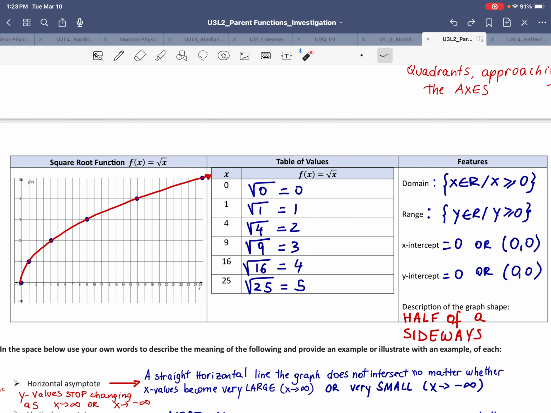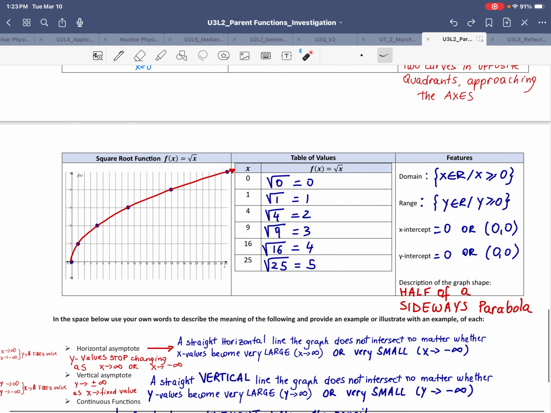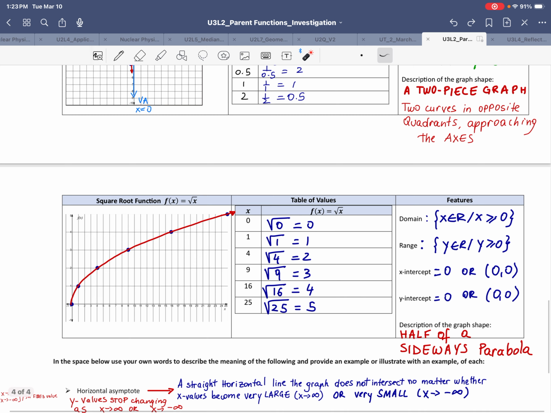We are going to explore more connections that exist between a square root and a quadratic function. As you can see here, when x increases to infinity, the y values will also increase to infinity. That would be the end behavior of this function. It is definitely a continuous function because you can draw it without having to lift the pencil.